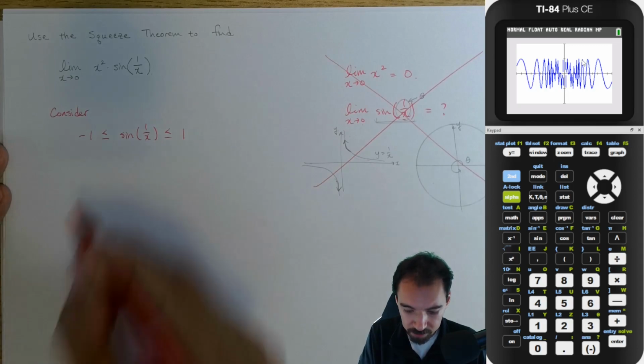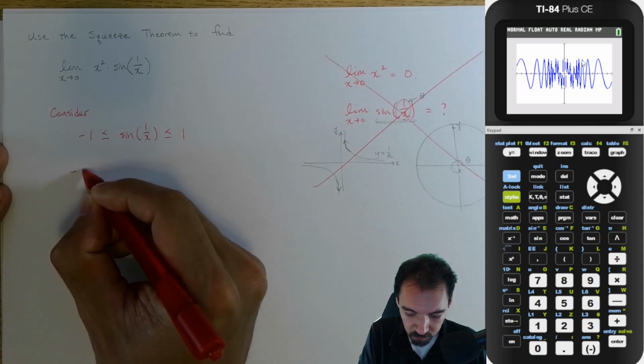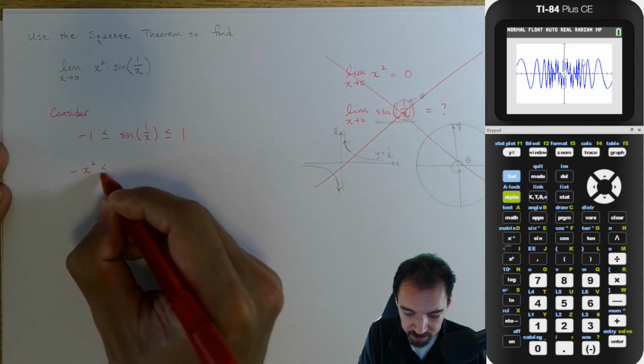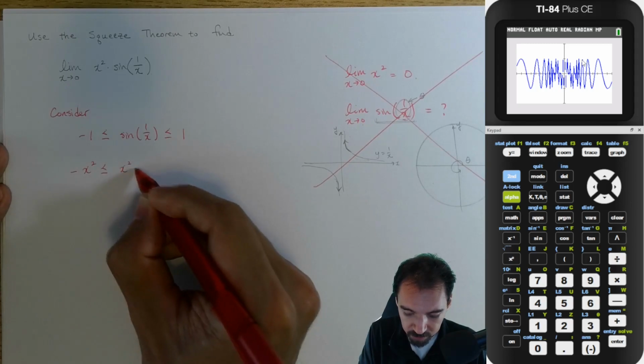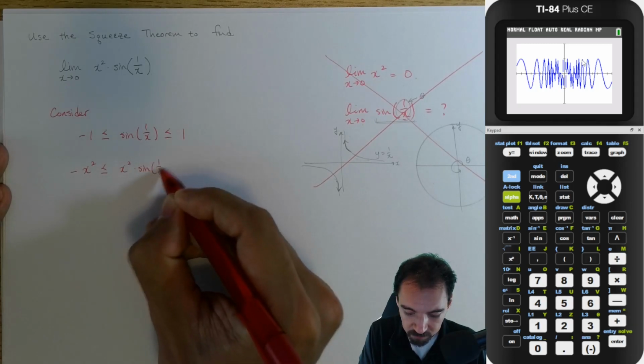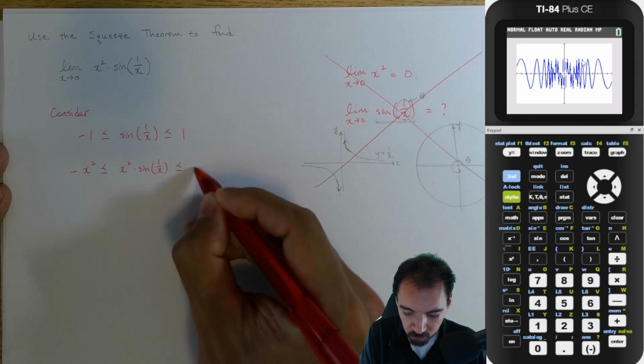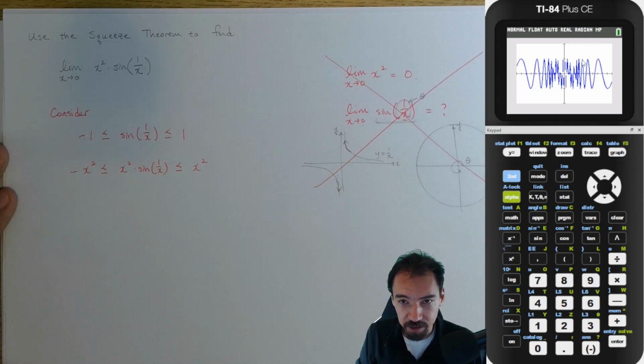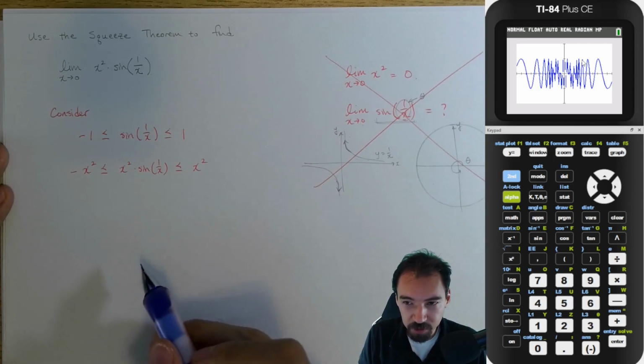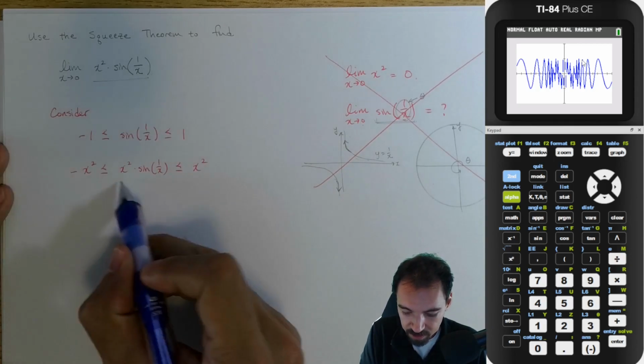So I should be able to say -1 times x squared is less than or equal to x squared times sine of 1 over x, and this is less than or equal to 1 times x squared, like that.